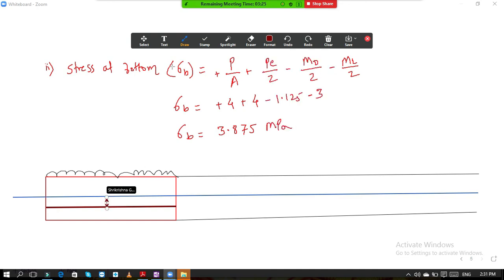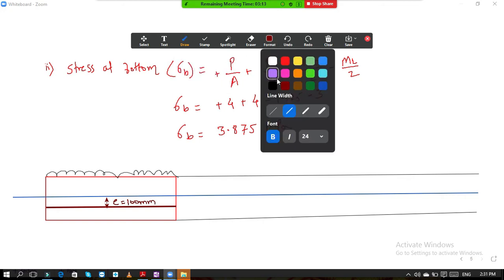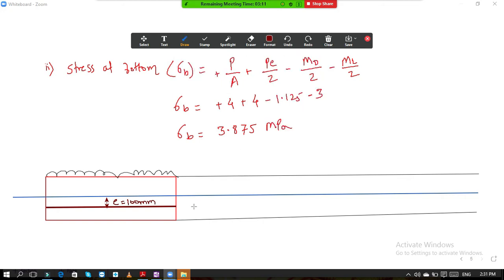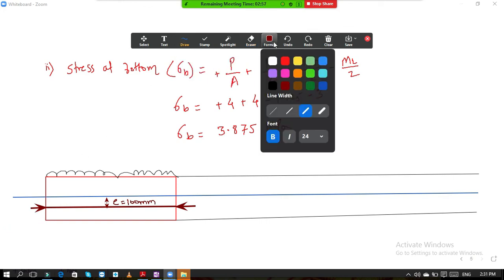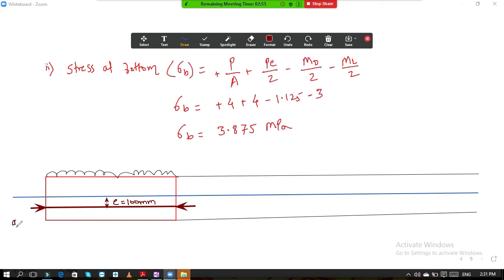This is the eccentricity and E is equal to 100 mm, and your stressing force is acting somewhere here, and the value of the force is 960 kilonewton on both the sides.